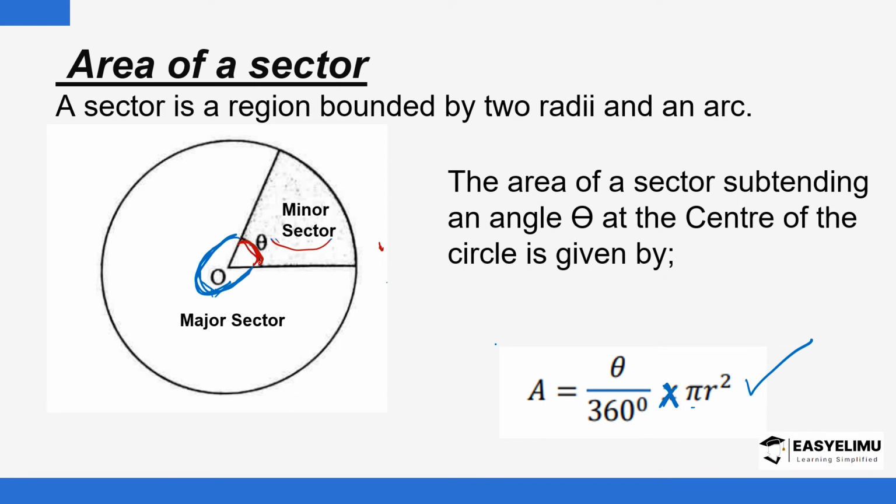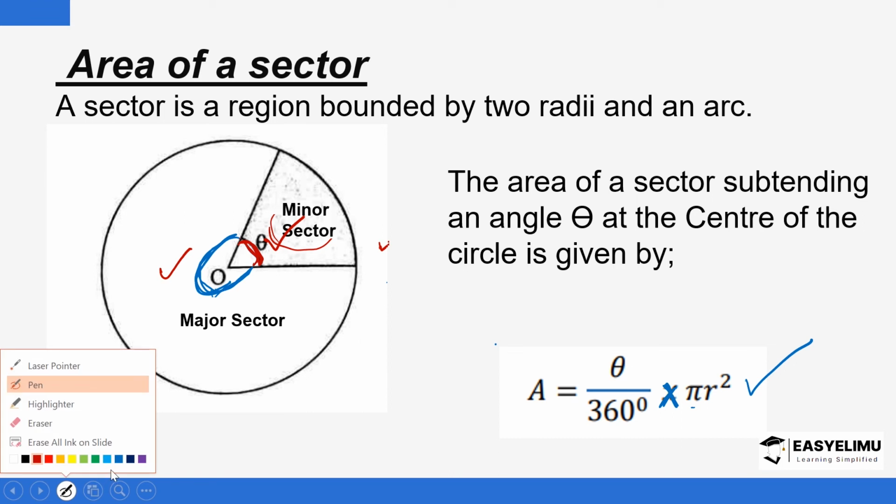So it can be this one in red, or it can be the one in blue. The one in red can be obtuse or acute. But the other one in blue is absolutely reflex.